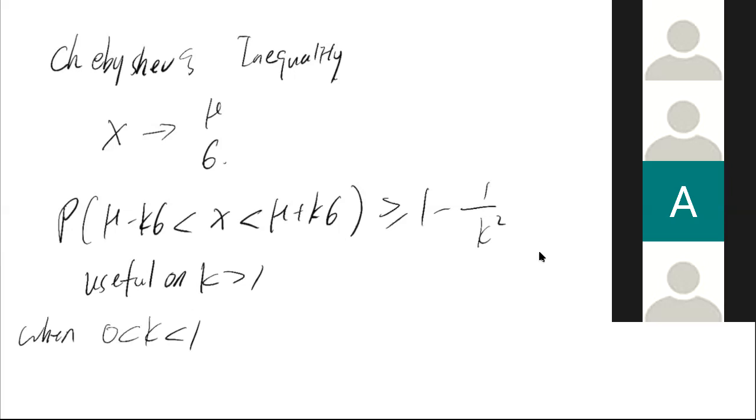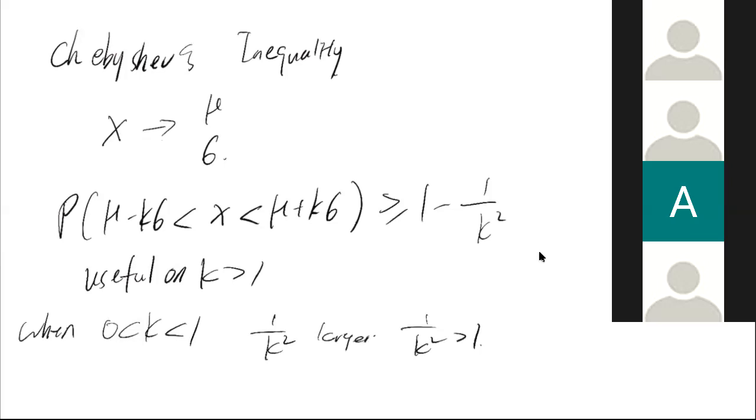Because when k is greater than 0 and less than 1, 1 over k squared is a very large number. So that means 1 over k squared is greater than 1.